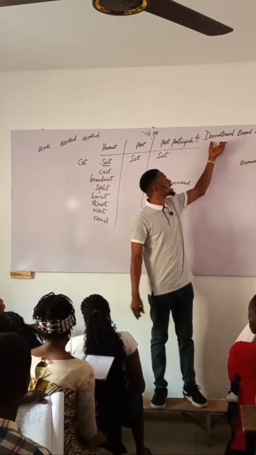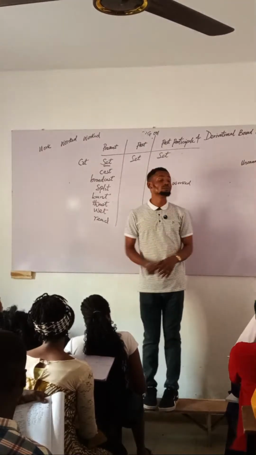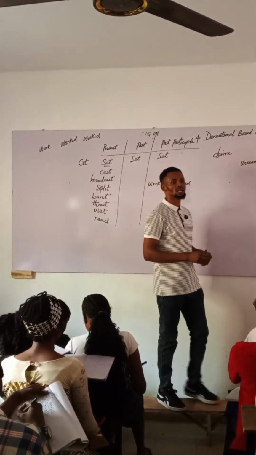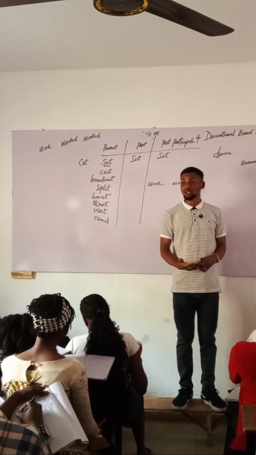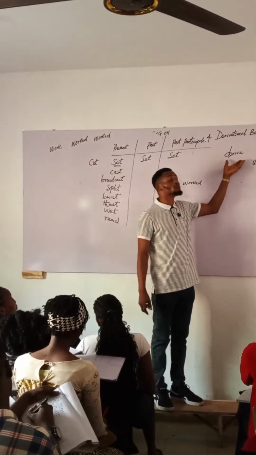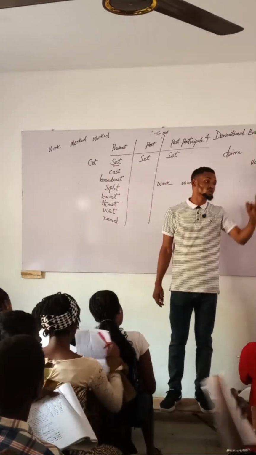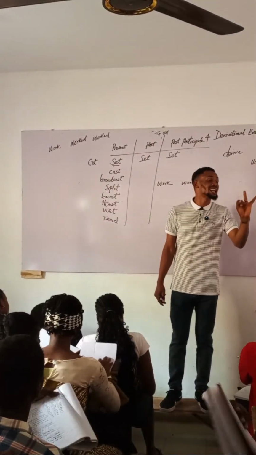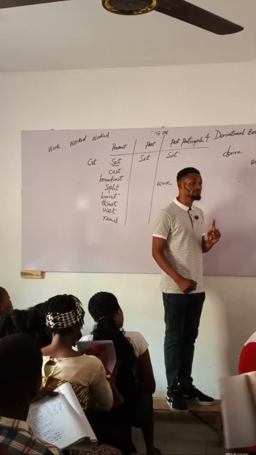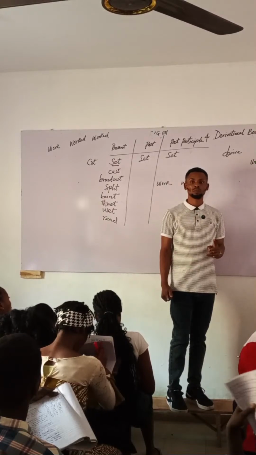But the derivational bound morpheme, just as the name implies, derivational, from the word derive. Say derive. It means to create a new word, to create new words. So what derivational bound morphemes do is either to change the meaning of a base word or change the class of a base word. So they are class changing morphemes, they are meaning changing morphemes. So what did I say?